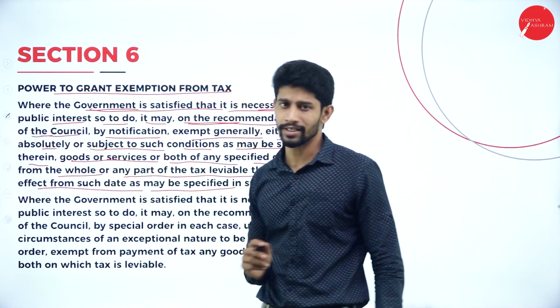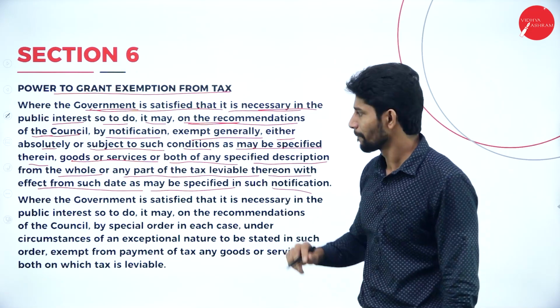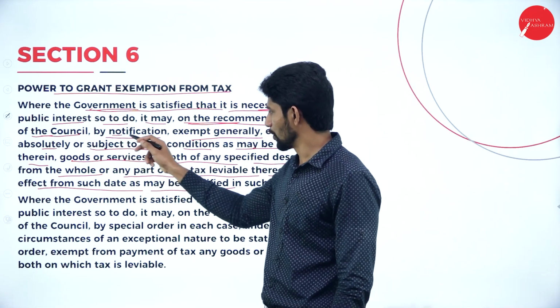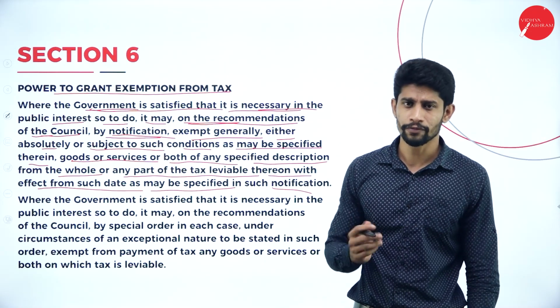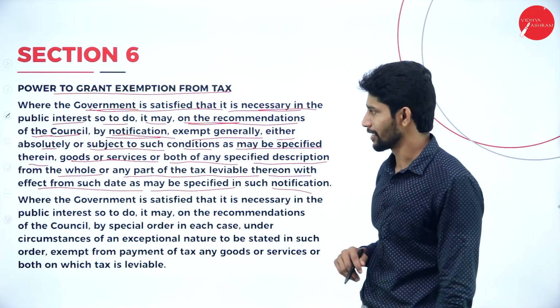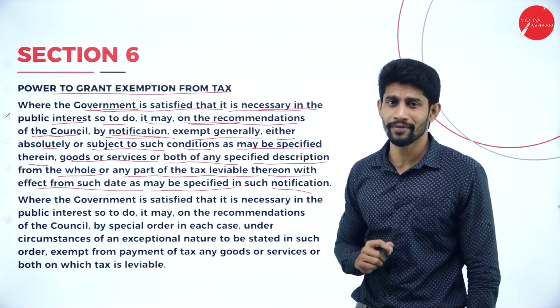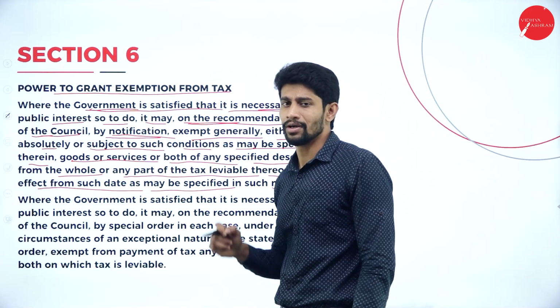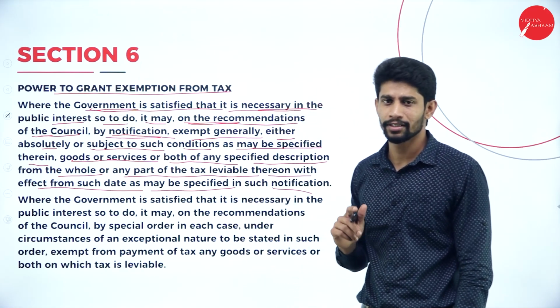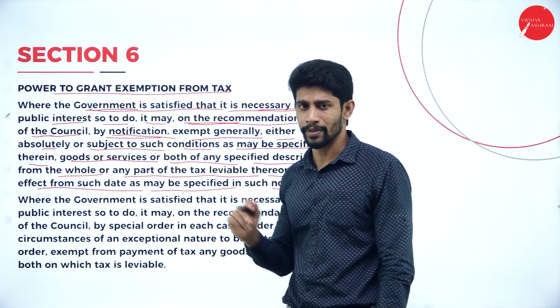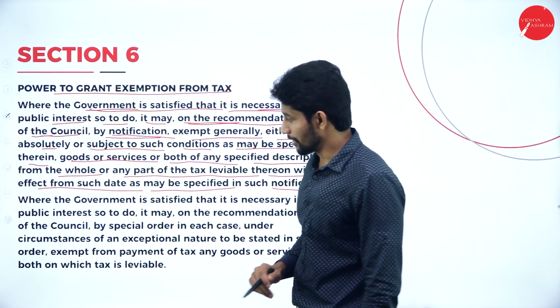Yes, if the council is recommending the government to give exemption, then the government can give it, or by notification. Yes, by giving the notification, they can give the exemption. They will have the power to give the exemption. So mainly the government will have the power to give exemption of tax in the public interest based upon the situations or the economic condition.